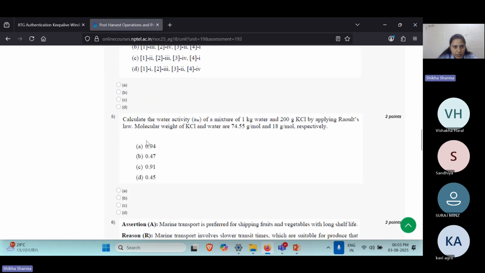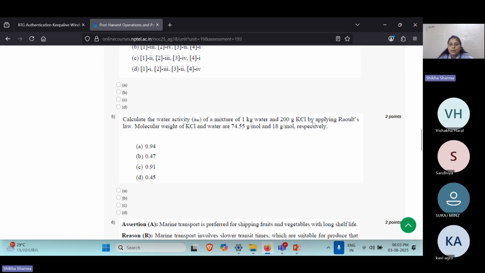In this question 5, are you able to make this question? This is about calculating water activity in question 5. Here it is given the mass of the water, which is 1 kg, 1000 gram, and its molecular weight is given as 18 gram per mole. So from this we can calculate moles of water, right? 1000 divided by 18.